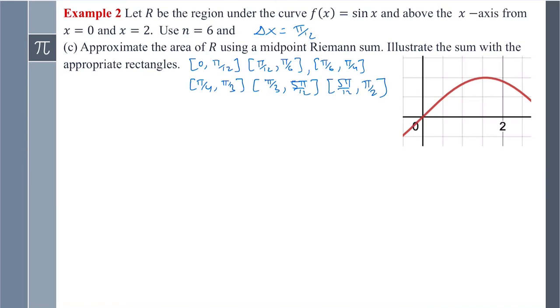So those are the subintervals. Now for the midpoint Riemann sum, we need to find the midpoint of these subintervals. And again, what you are going to do is add those two endpoints and divide by 2.